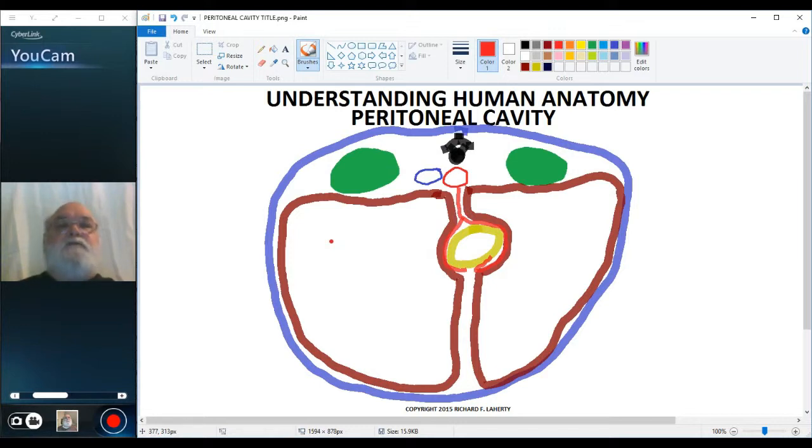And we're going to have a structure grow out of the foregut. This structure is going to grow out of the foregut and grow into the ventral mesentery, such that it'll cause the ventral mesentery to bulge.